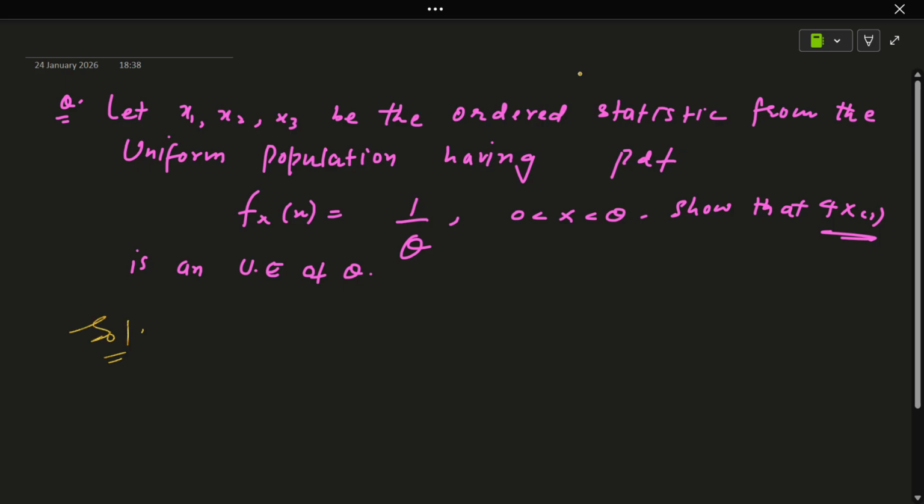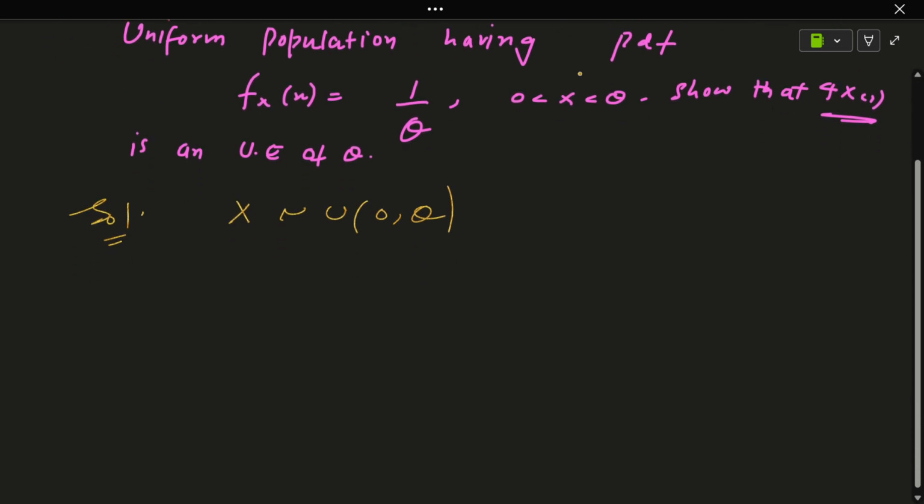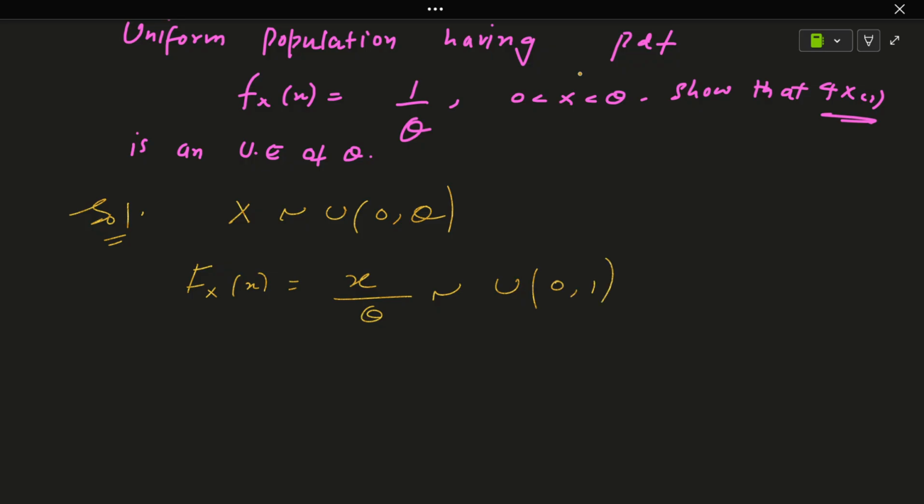So if I talk about the solution, this is a very simple question in terms of transformation, if we talk about the transformation of order statistics that come from the uniform population. If x follows uniform 0 comma theta, then its CDF, that is x by theta, will follow uniform 0 comma 1, and then x by theta will follow beta a comma b.